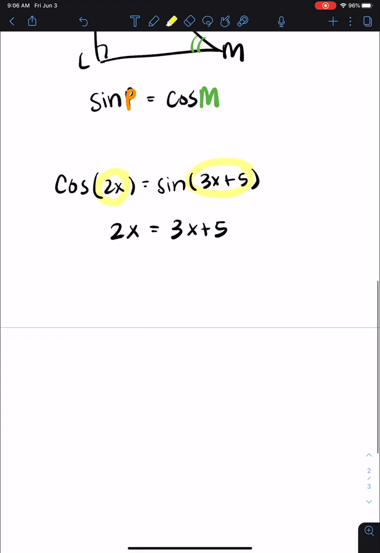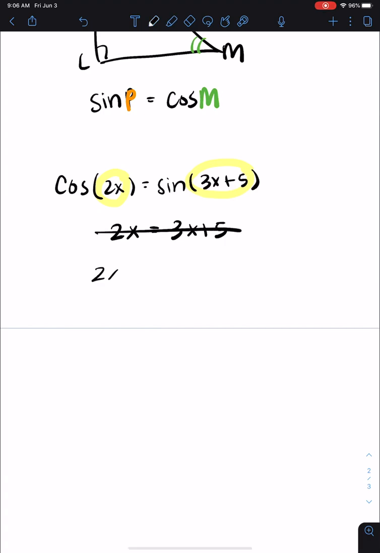sine and cosine will be equal to each other if these angles are complementary. So actually we need to add them together and set them equal to 90 degrees, because when the inputs into sine and cosine are complementary and sum to 90 degrees, that is when the functions cosine and sine are equal to each other.